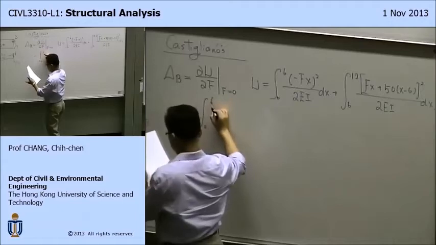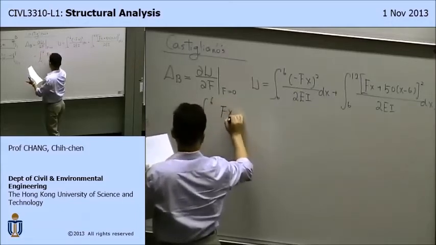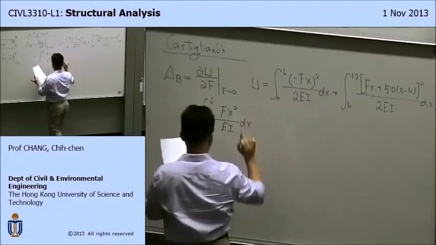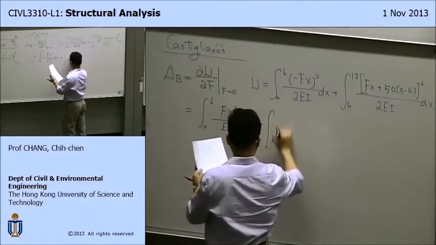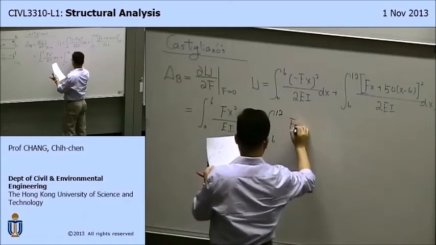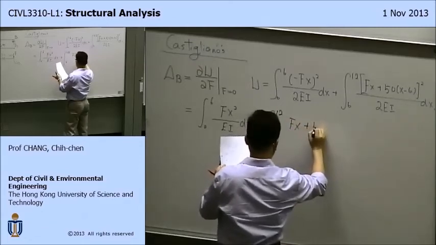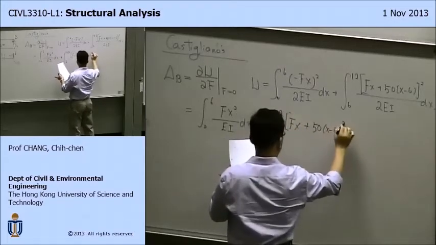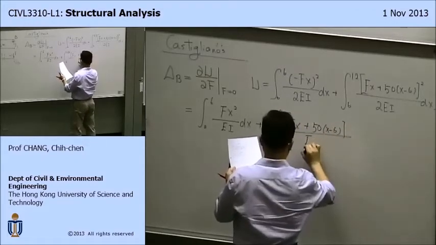So this is the integral from 0 to 6 of Fx squared over EI dx, and from 6 to 12 of (Fx plus 50(x minus 6)) over EI dx.